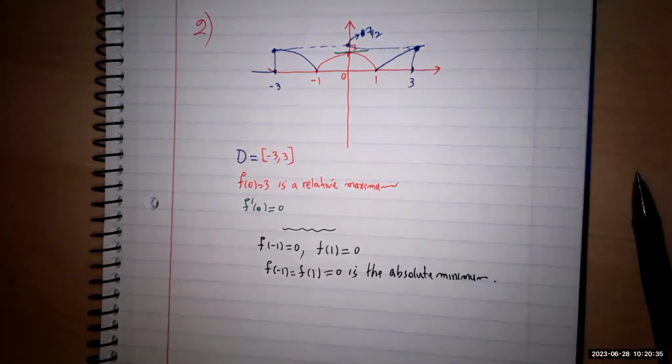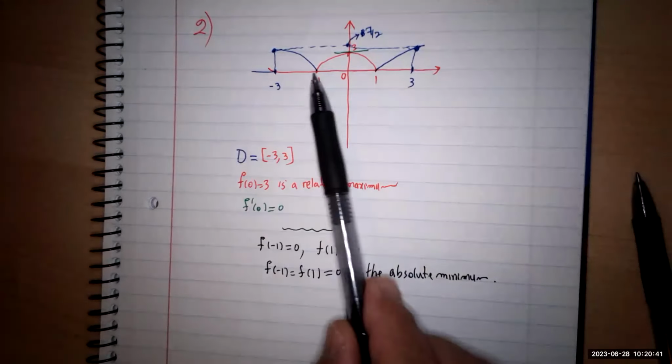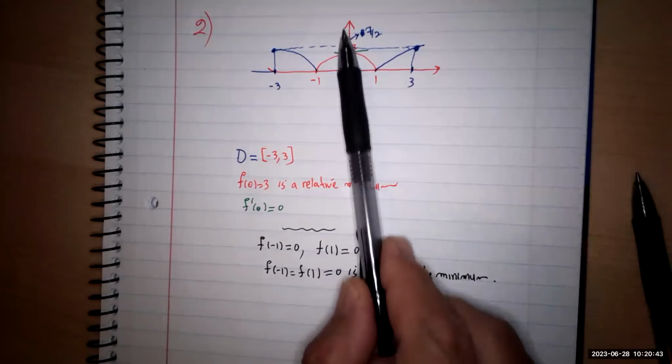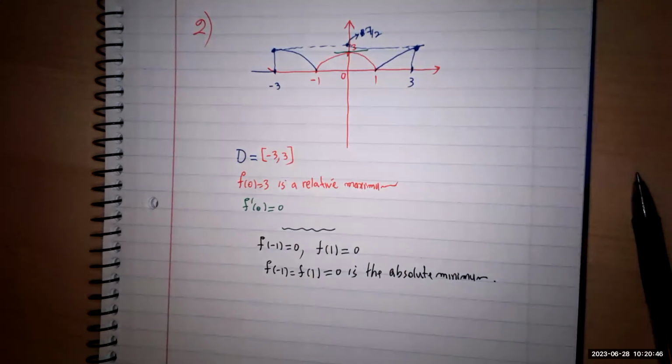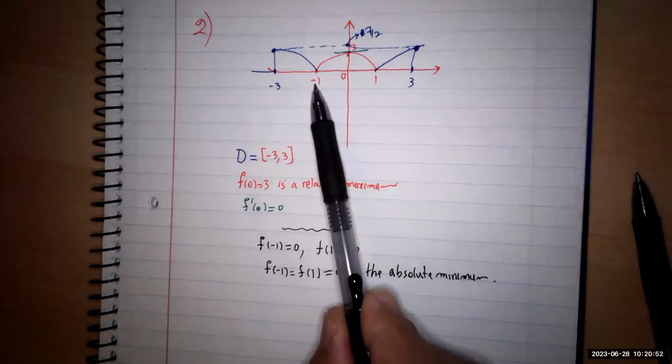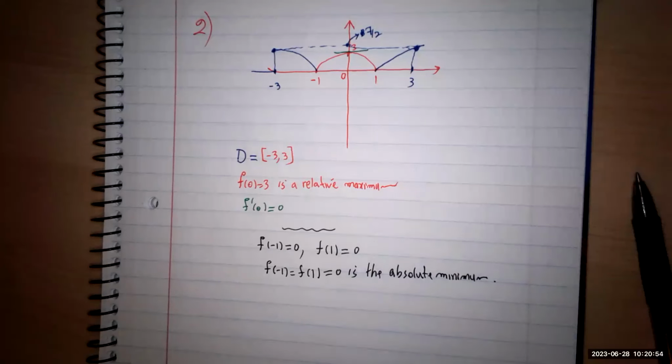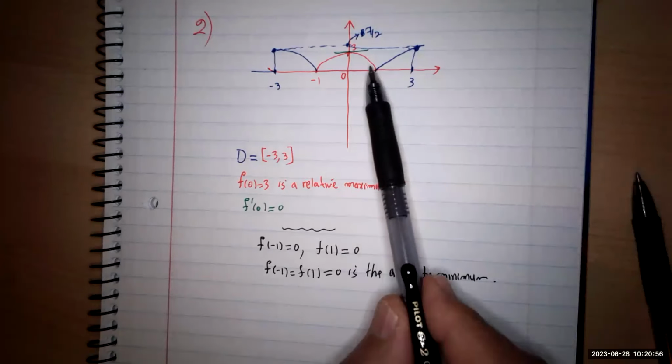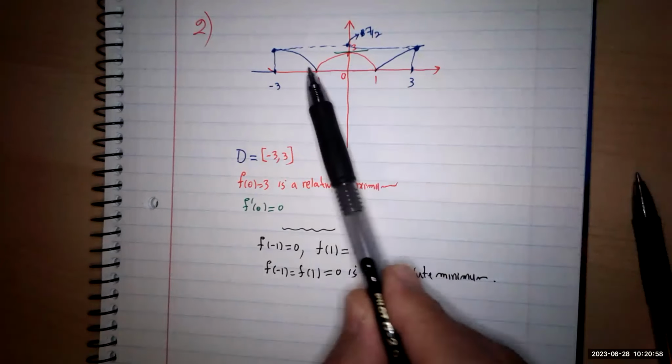Okay, absolute minimum means the least value of the function, because your function starts from the x-axis. You see, this is the point that you have, then it's going up, up, up. So that gives absolute minimum. Any question? And as you can see, f prime of -1 and f prime of 1 do not exist because you have a sharp corner here. Remember the sharp corners.